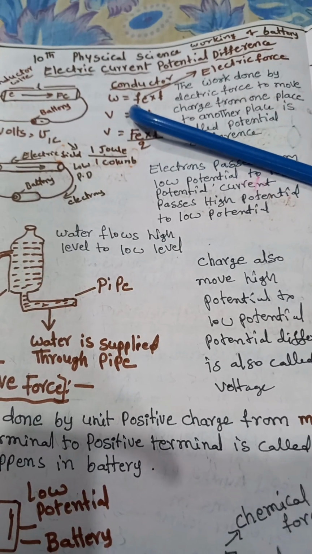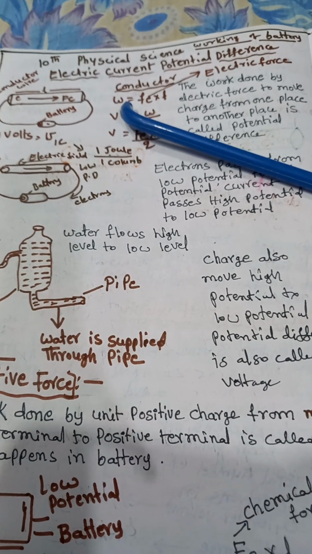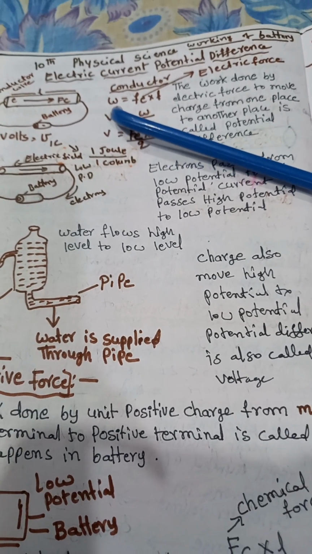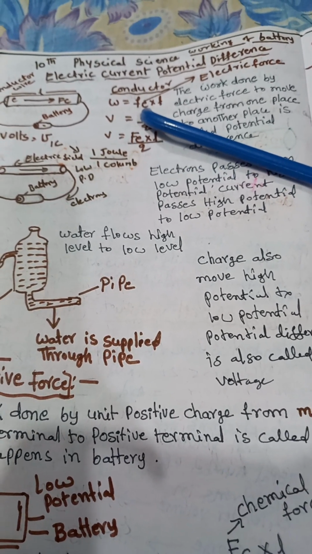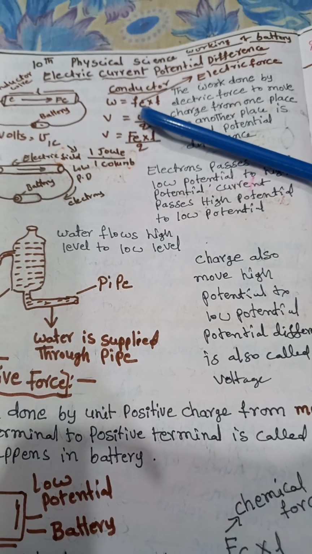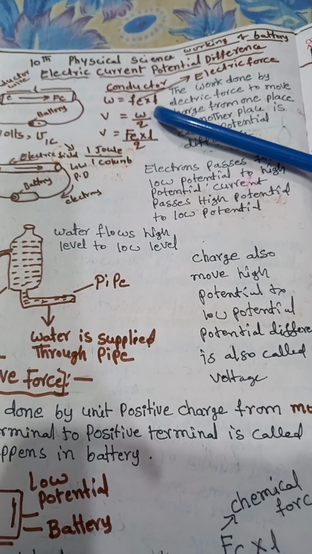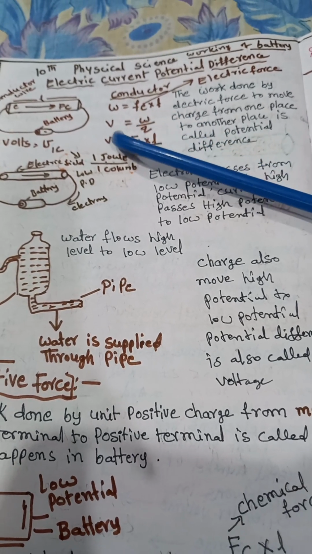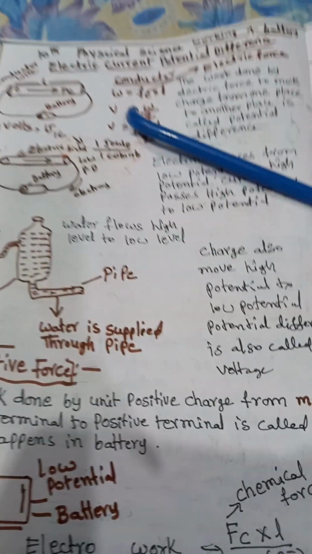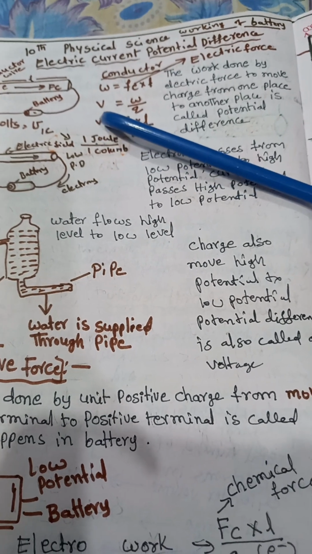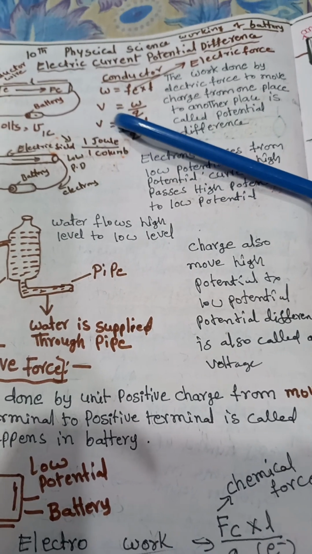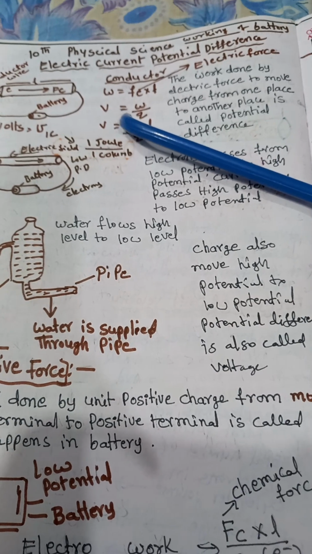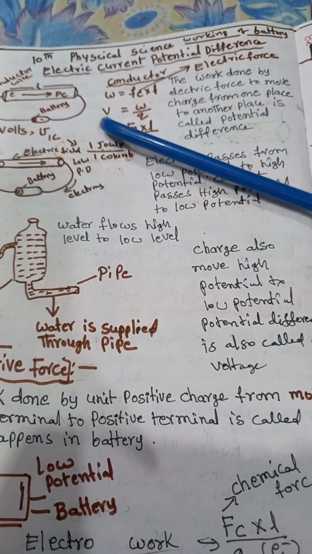So the principle of the work: W means work, is equal to Fe, where Fe means electric force, into L, which means distance. And V means potential difference. And this potential difference is also called voltage.